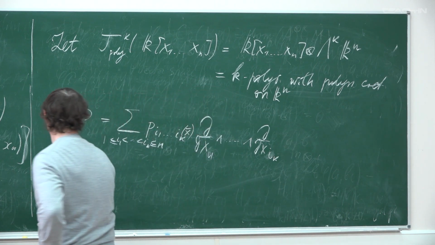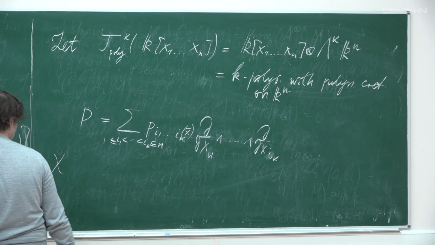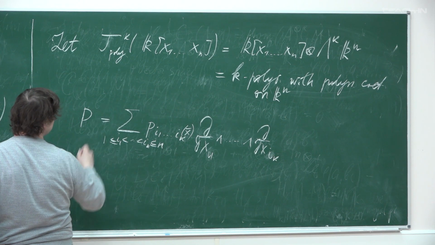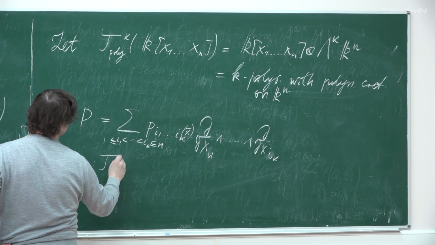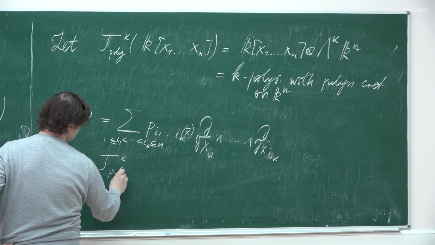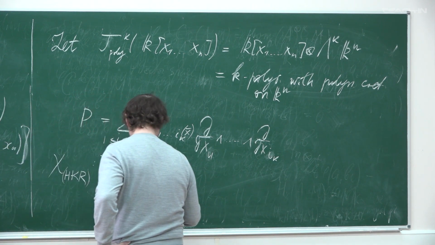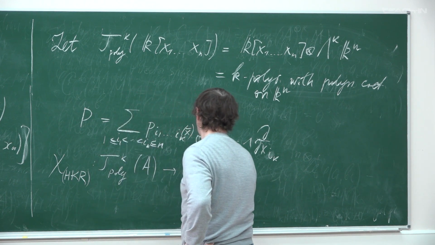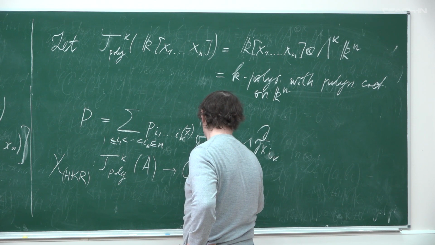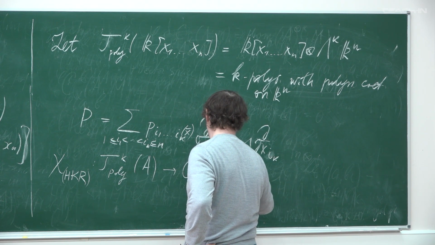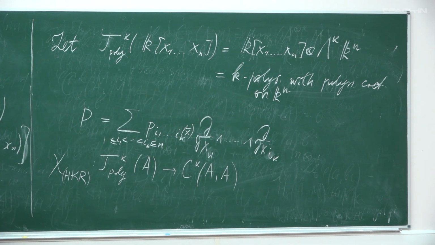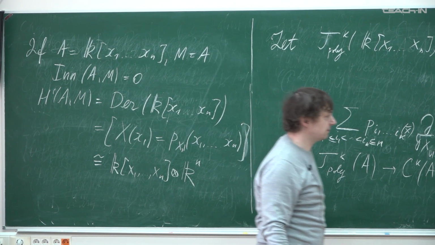And we can consider the map, which I denote by chi, and that's what we call the Hochschild-Kostant-Rosenberg map in this particular case. From this space to C^k(A, A). So A is for me, as before, the polynomial algebra.